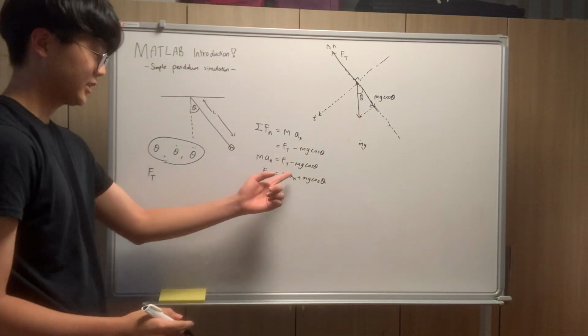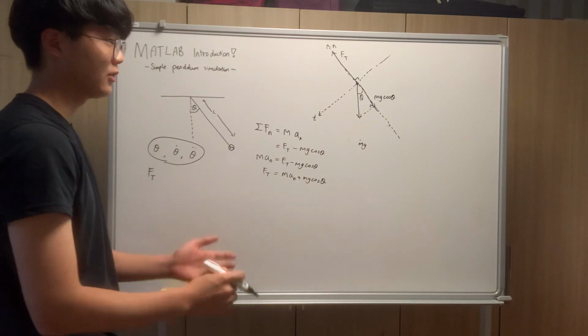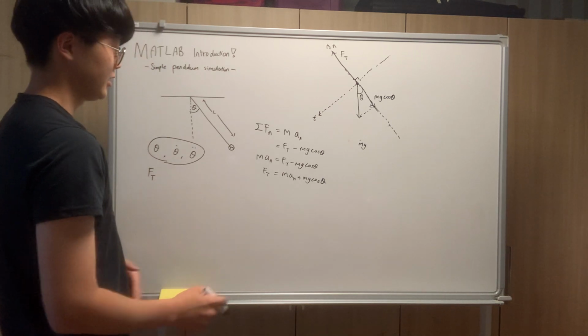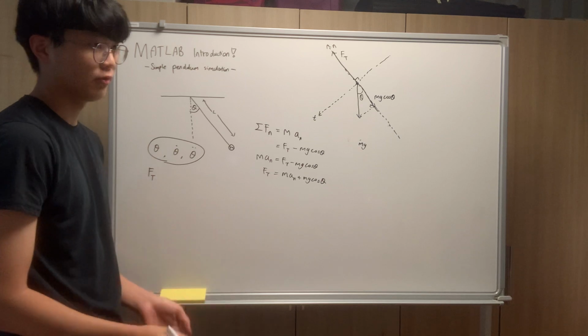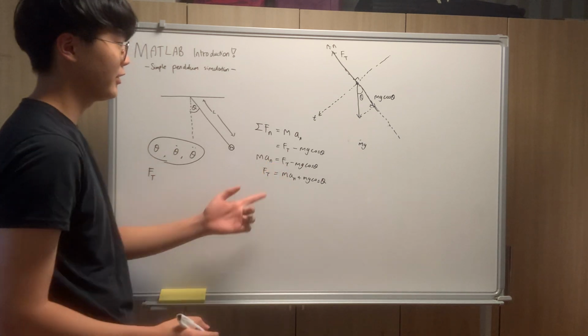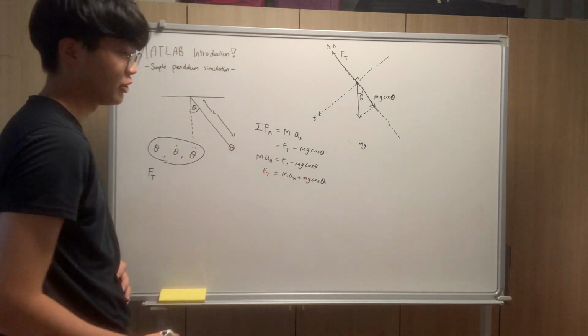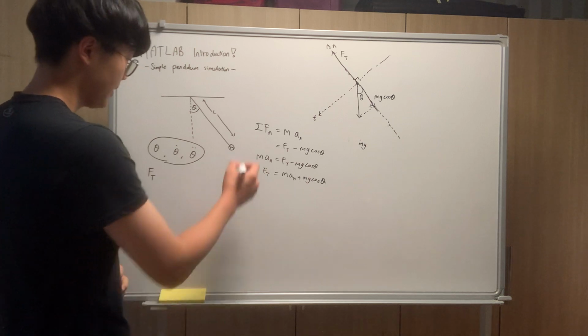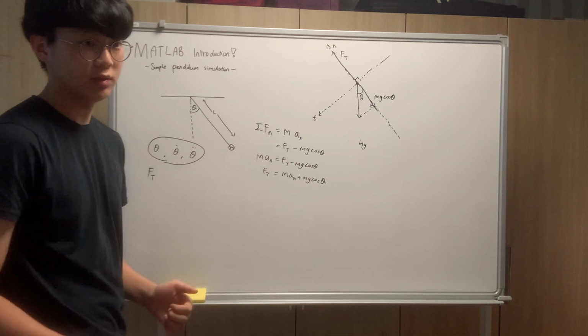But still, the acceleration in the normal direction, we haven't defined that thoroughly yet. By doing this, we're just adding one more variable. It doesn't really do anything. And so we would have to define the acceleration in the normal direction. We can do this by what we learned about centripetal forces.